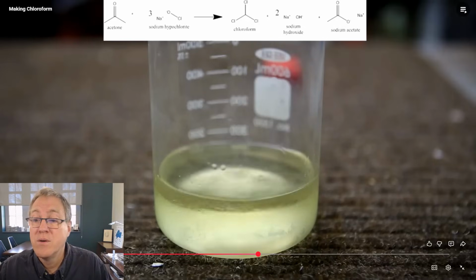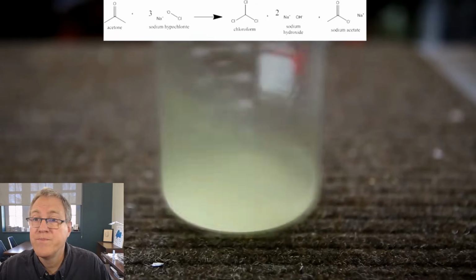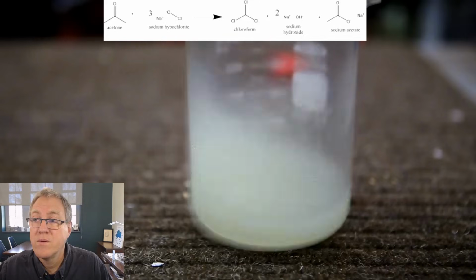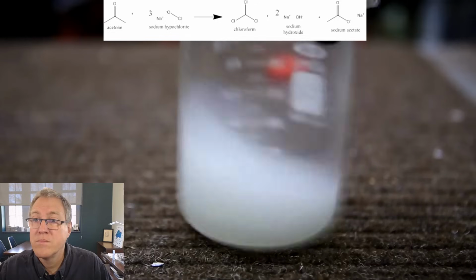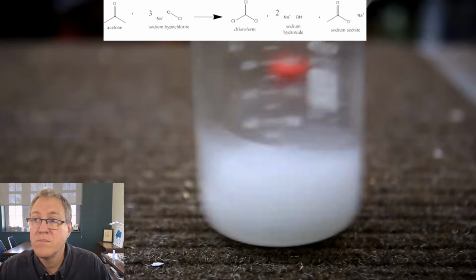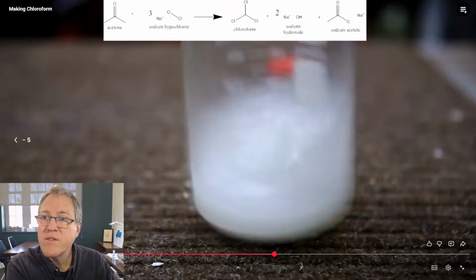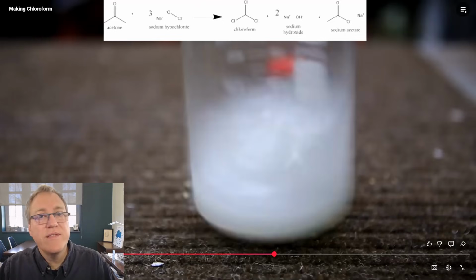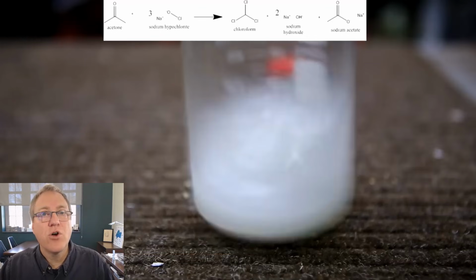For the purpose of the video, I will visually demonstrate the reaction between the acetone and the bleach. When the acetone is added, it reacts with 3 equivalents of sodium hypochlorite to form chloroform, sodium hydroxide, and sodium acetate. Let's go back to that. Okay, so this is the reaction that I walked through. I didn't show the stoichiometry so clearly, but we start with acetone.